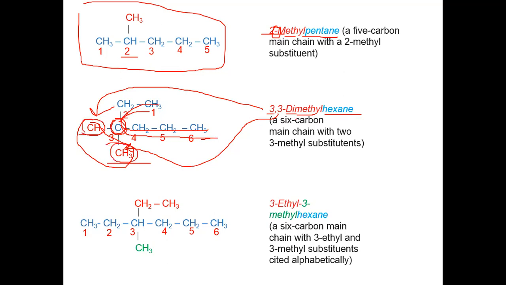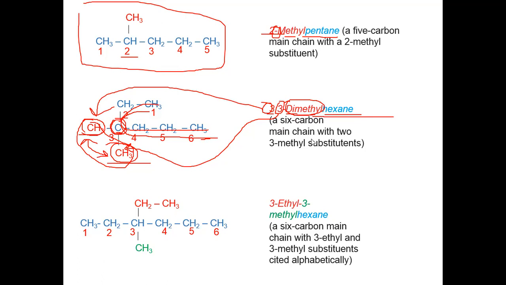Which means that we have dimethyl because we have 2 of them. They are attached to the third carbon. Because of that, we have 3 for one, 3 for another one, then dimethylhexane. Is it clear or not? The 3 for CH3. Yes.